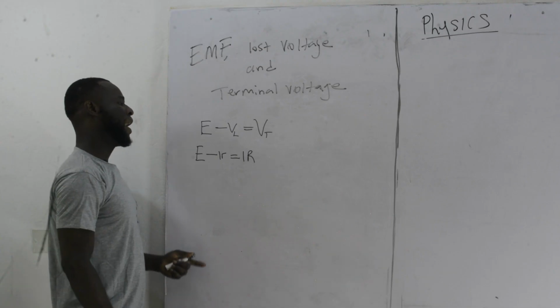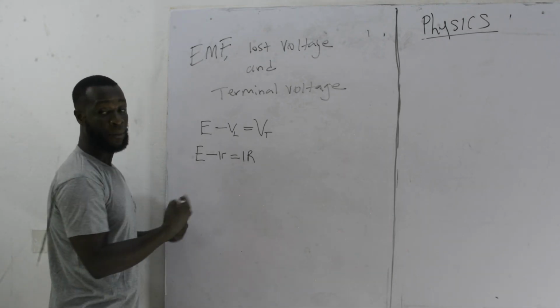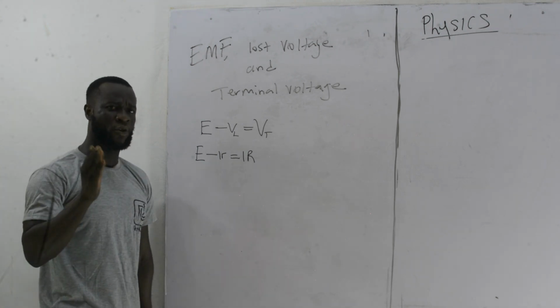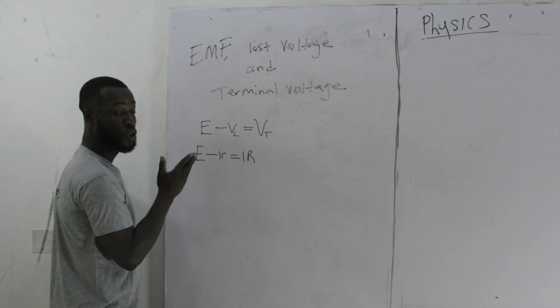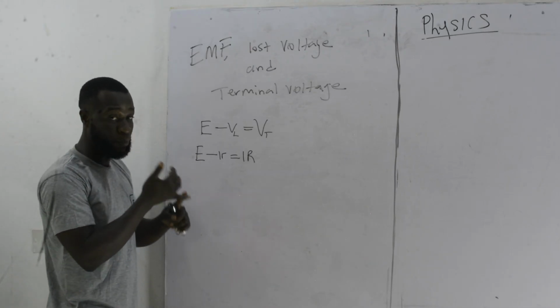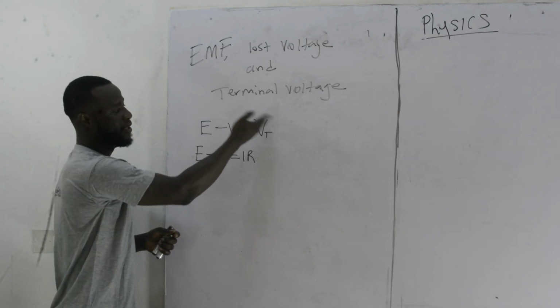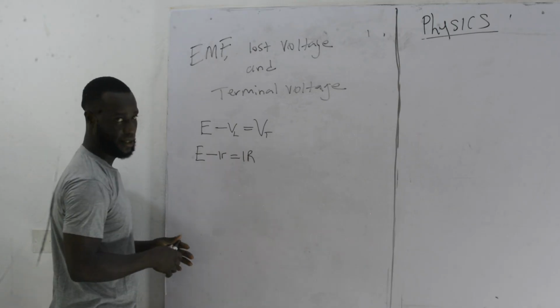From here, I can make I subject of the formula if I want. But what is most interesting here is that if you are asked to calculate the loss voltage, just know that VL is your loss voltage and loss voltage is the current times the internal resistance. The current that the cell is producing times the internal resistance, that is the loss voltage. And the terminal voltage is IR, where R is your external resistance.